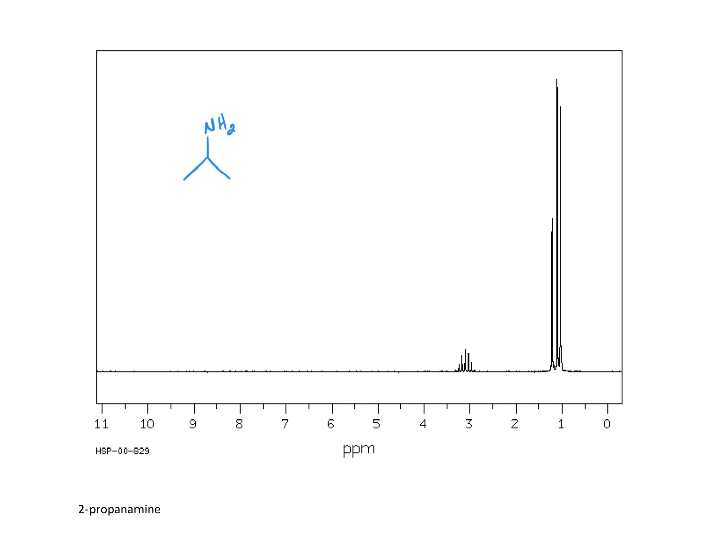Here we have 2-propanamine. Now, part of the reason why I gave you this is because when it comes to NH2s, nitrogen, keep in mind, has a lone pair of electrons. And if I were to just draw NH3, here's what it looks like. Well, so here's the thing.